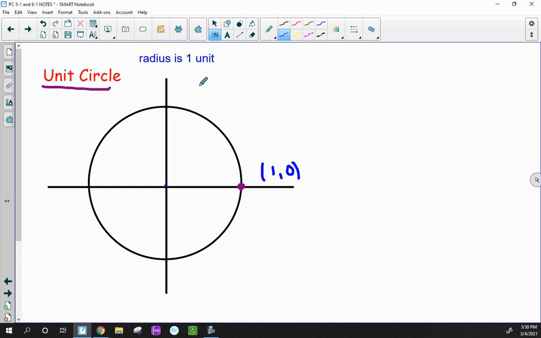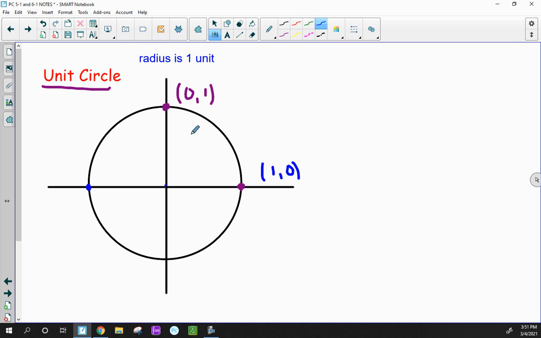Okay, the location here at the top of the circle, from the center here is still 1 unit long. That's going to be 0, 1. It's just ordered pairs that you've had for your whole math career. And then over here on the left, this distance is still 1.